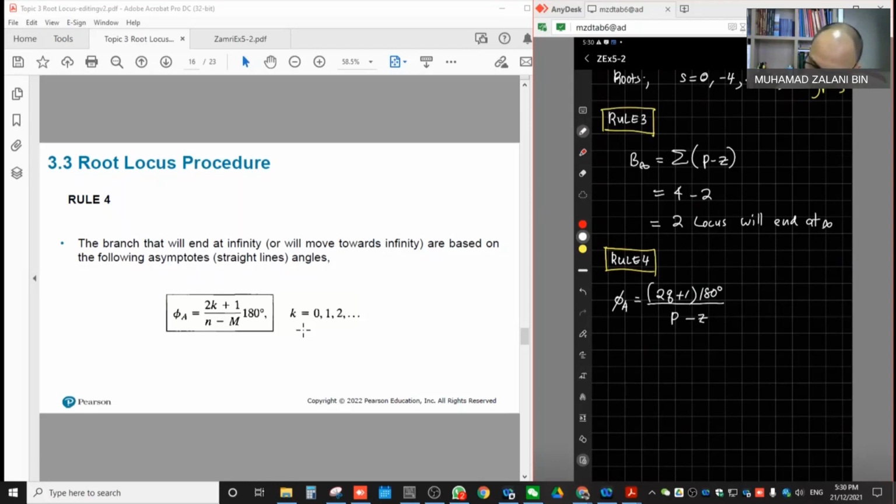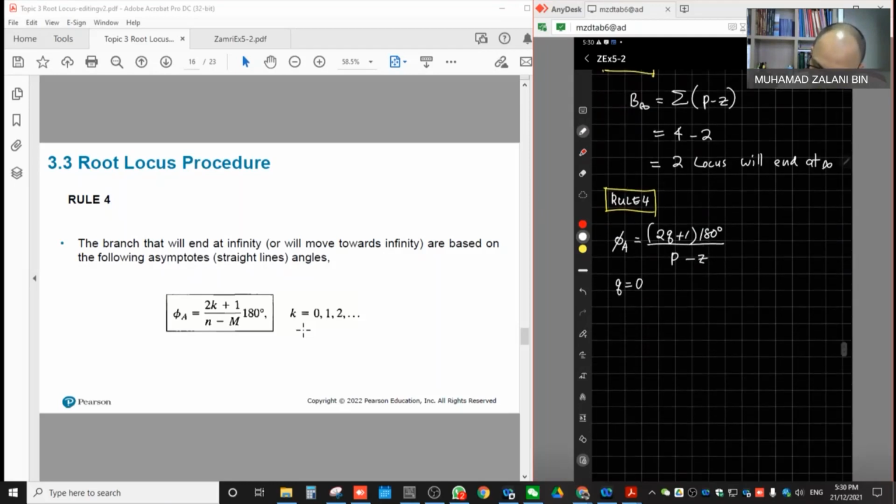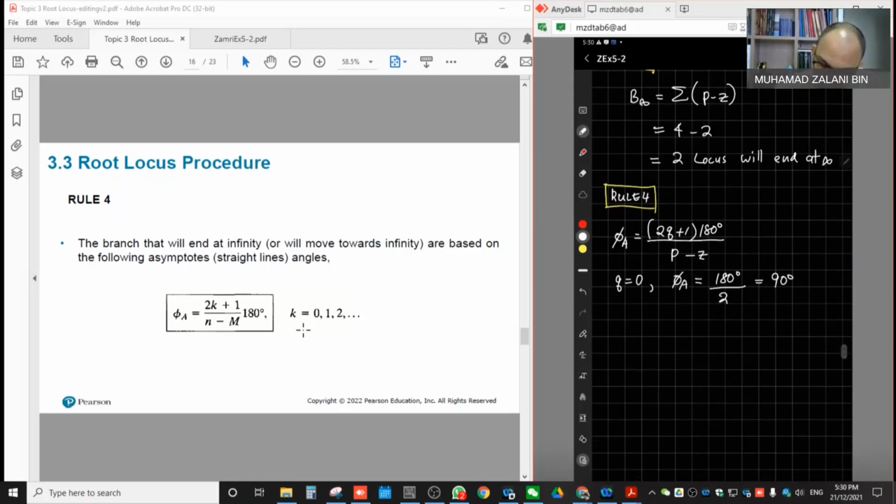Let us substitute q equals 0. Then phi A equals 180 degrees divided by P minus Z, which is 2. This is 90 degrees, the first angle. Let's find another angle, q equals 1.